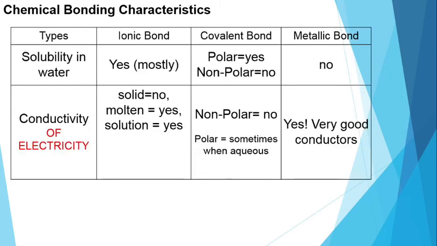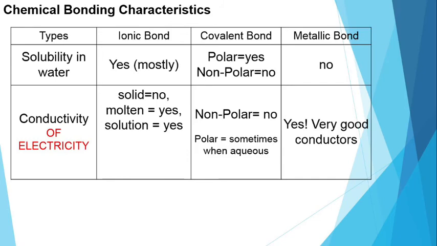And then to finish this out, talking about will our substances dissolve in water or not, and will they conduct electricity or not. And go ahead and make a note, that's not just plain conductivity, because we could be talking about conductivity of heat. That's a thing, it is important, but not as much here when we're comparing our substances. So that is the conductivity of electricity we're talking about there.